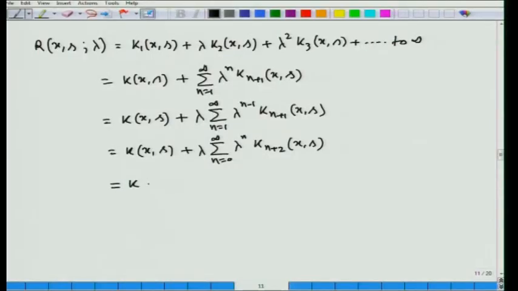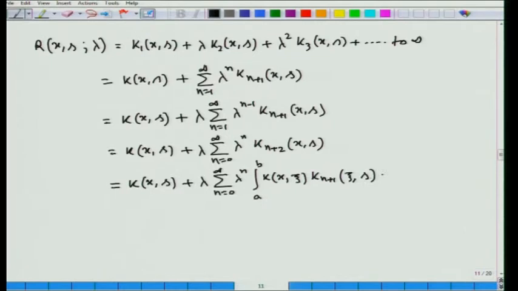So, this will be equal to K(x, s) plus lambda sigma n equal to 0 to infinity lambda to the power n integral a to b K(x, xi) K_(n+1)(xi, s) d xi. Here we are just using the formula for the iterated kernel: K_(n+2)(x, s) is equal to integral a to b K(x, xi) K_(n+1)(xi, s) d xi.